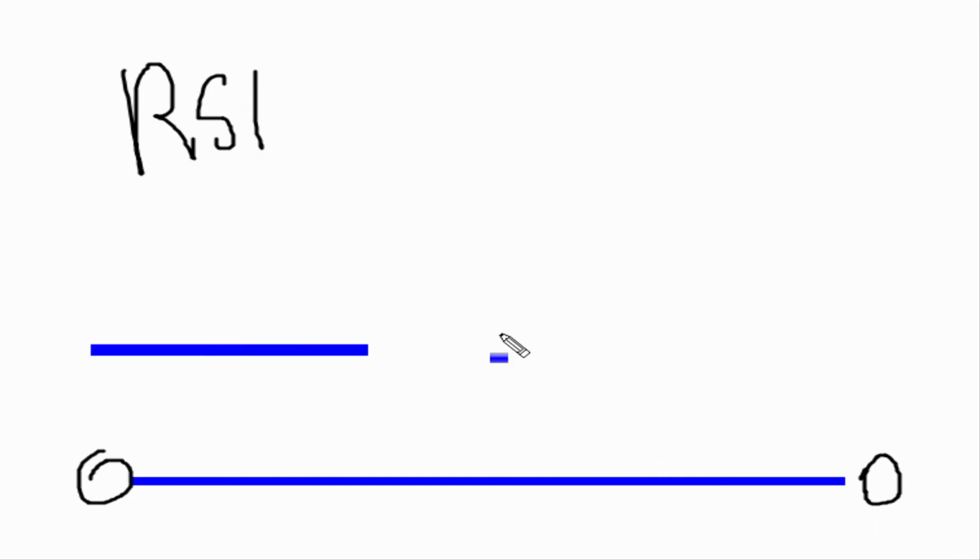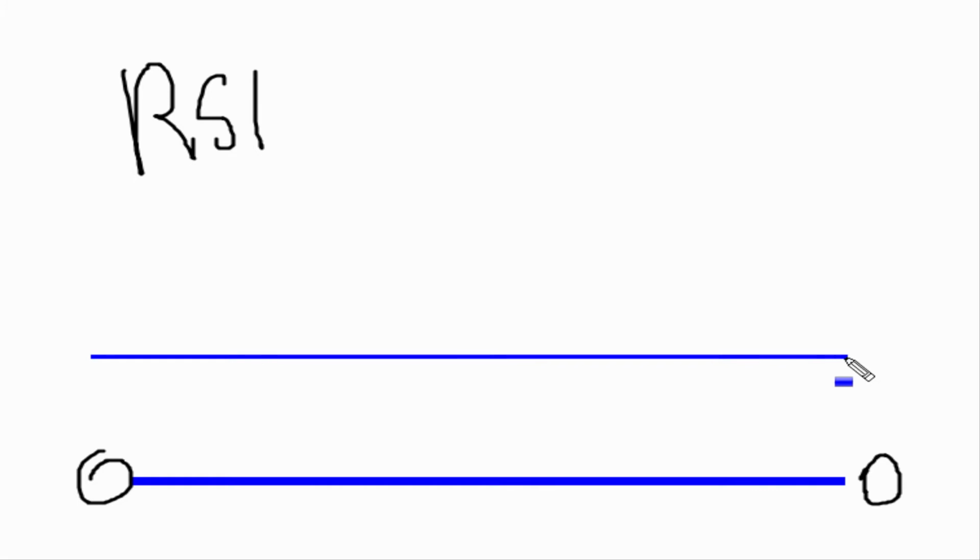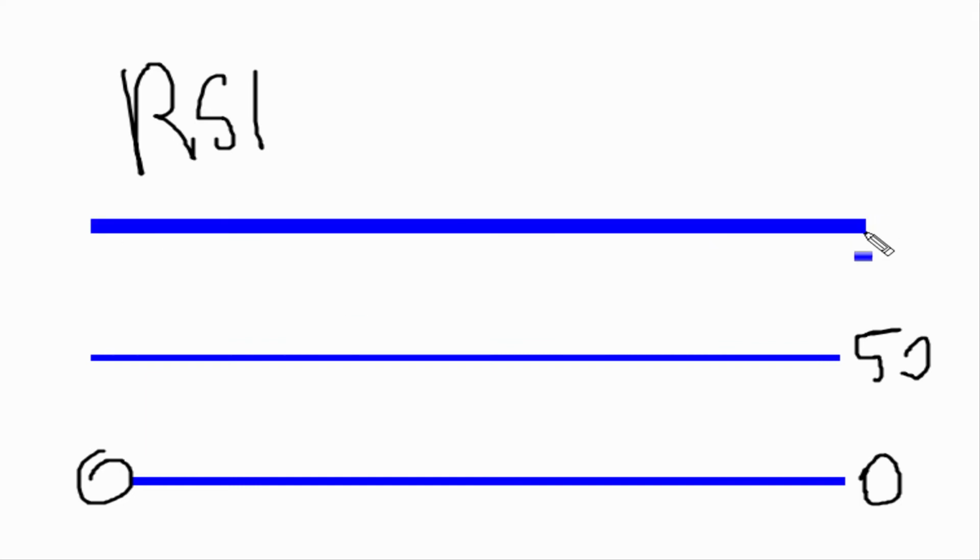So let's pretend this is the RSI, and we're going to draw a line at 0. So that's 0, and this is 50, and then let's draw this here at 100. Right? So we know that 61.8 between 0 and 100 is going to be somewhere here.